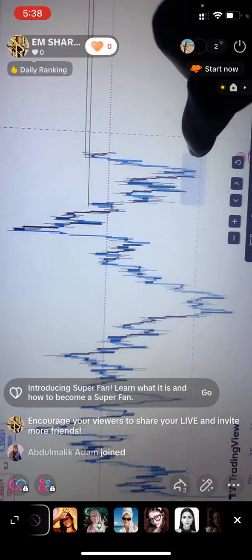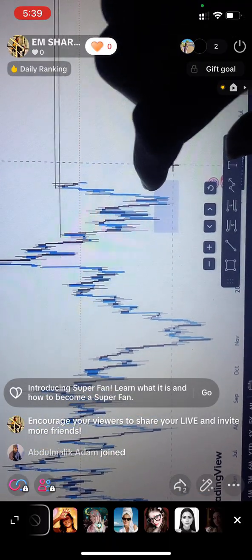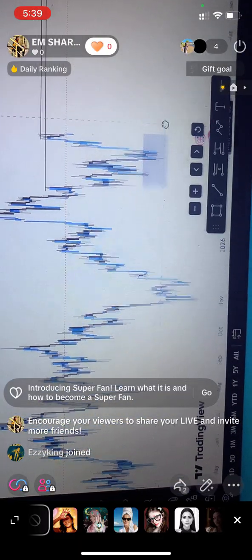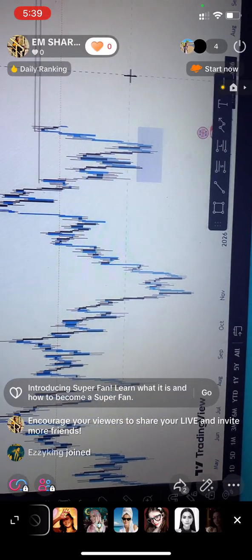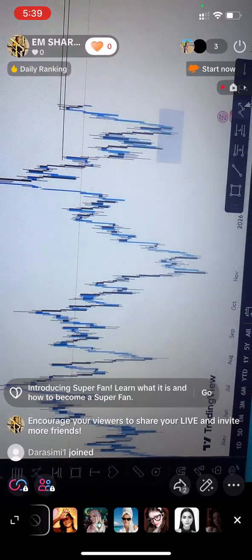But this bullish structure did not give us a clear structure telling us that the market is about to go to the upside. Imagine if the market gave us a clear uptrend structure. What is a clear uptrend structure?